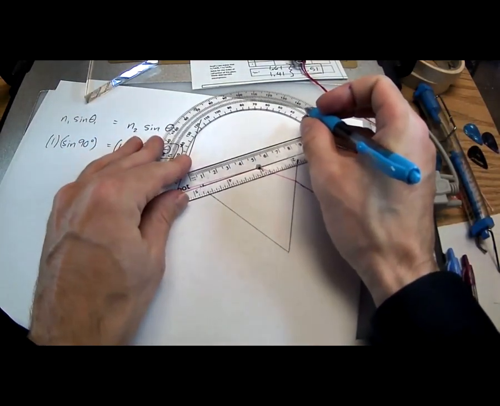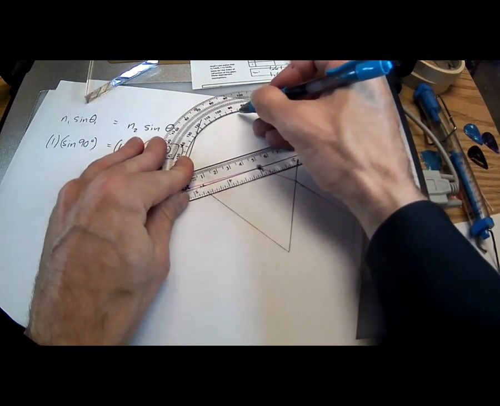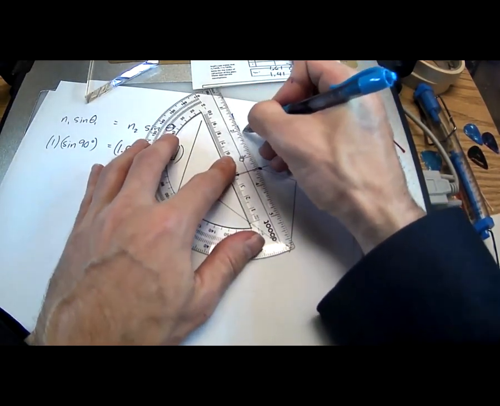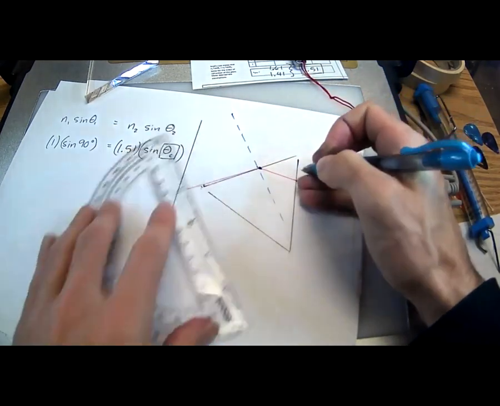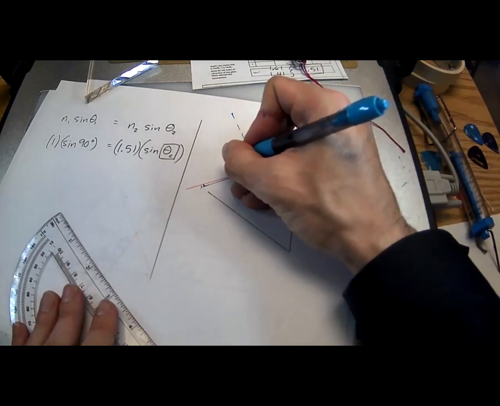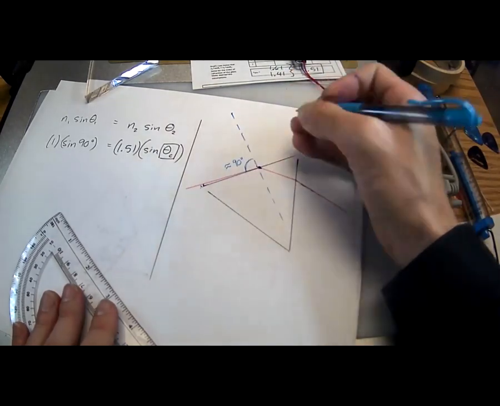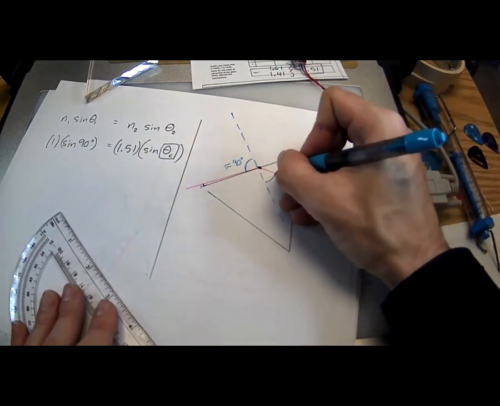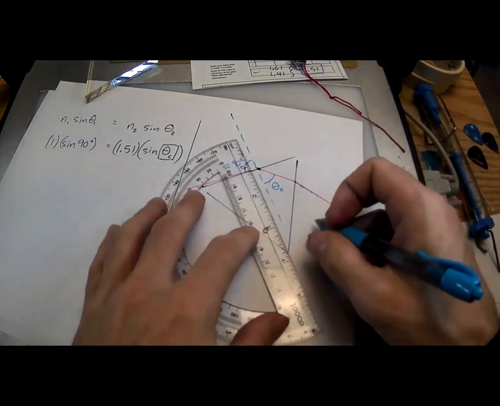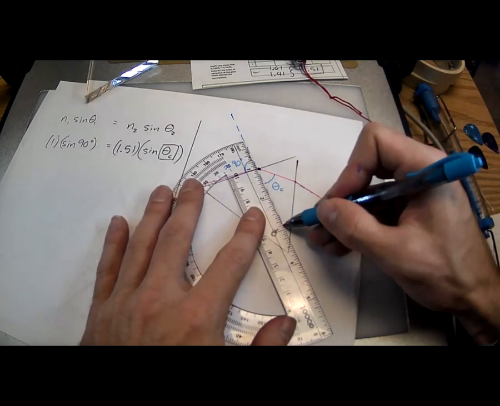I better measure out 90 degrees, so hold this flush, 90 degrees. Here's my normal line. This angle is really close to 90 degrees, so I'm going to call that about 90 degrees. And this angle should represent approximately the critical angle. So extrapolate this normal line back.